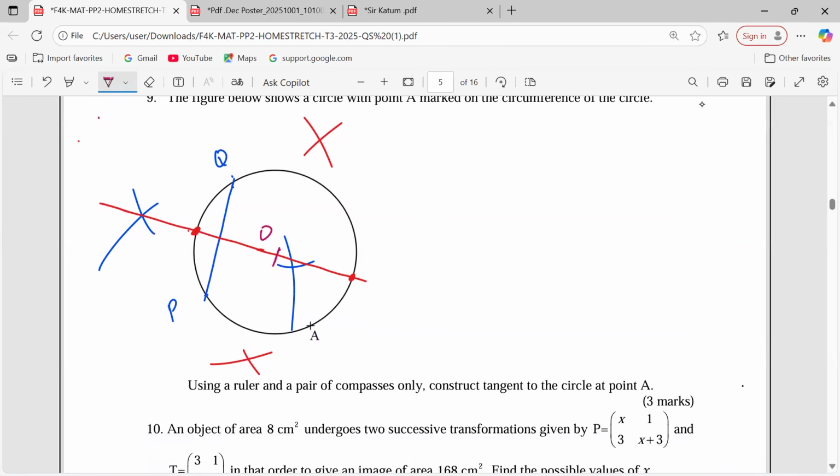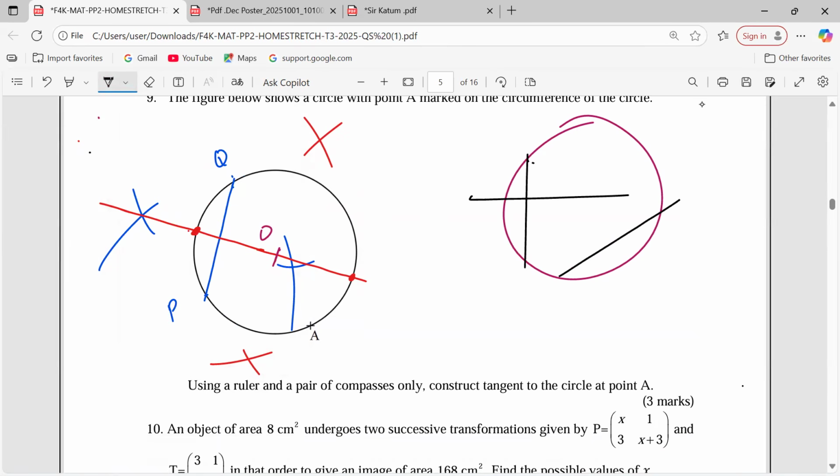It's also good for you to know that with a circle whose center is unidentified, you can come up with a chord and bisect the chord, then you also come up with another chord and bisect the chord.